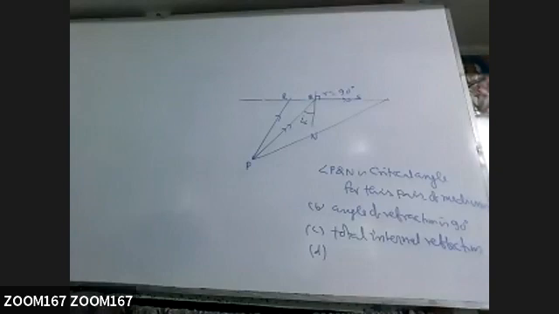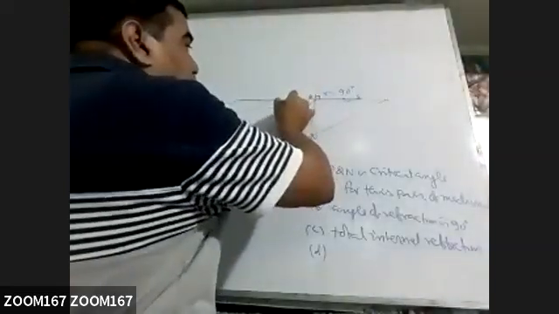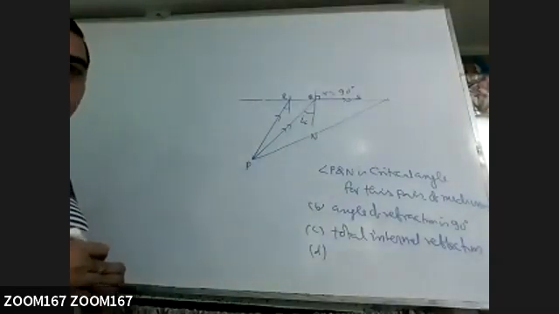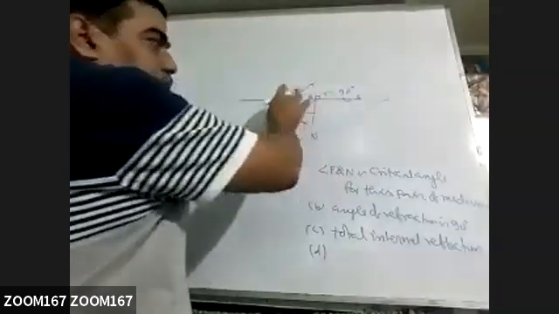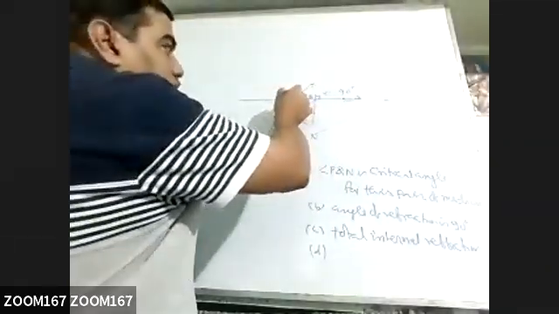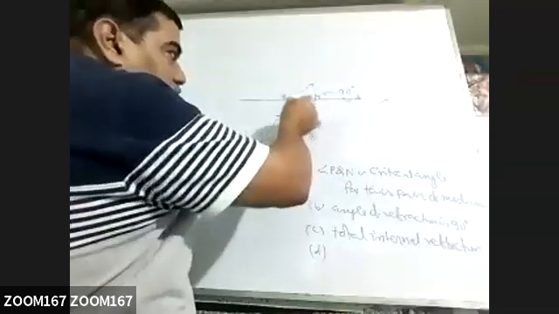The ray PR suffers partial reflection and refraction on the water-air interface. So in this case, what is happening? As the angle of incidence is less than the critical angle, most of the light will be refracted, but as the surface is smooth, some light will be reflected also.